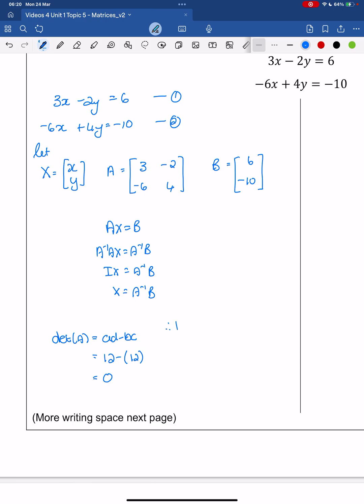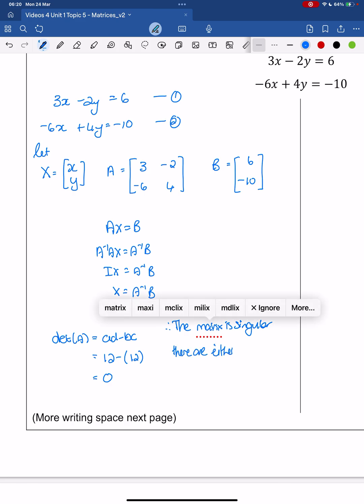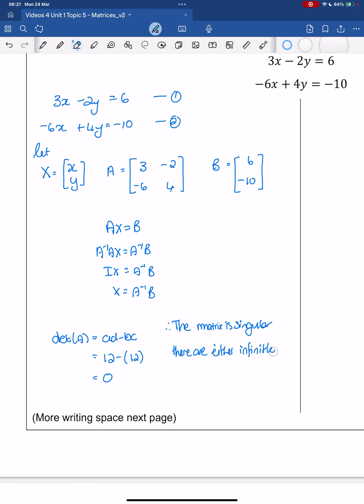So we're going to say, therefore, the matrix is singular, and there are either infinitely many solutions or no solutions.